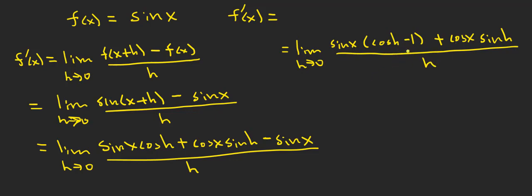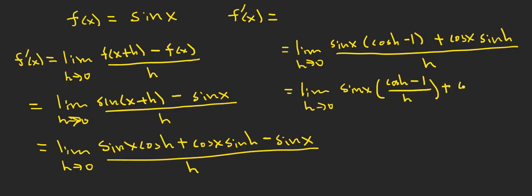Now I could separate these two. They have a denominator of h, so I'm going to rewrite it as the limit as h goes to 0 of sine x times cosine h minus 1 over h plus cosine x times sine h over h.